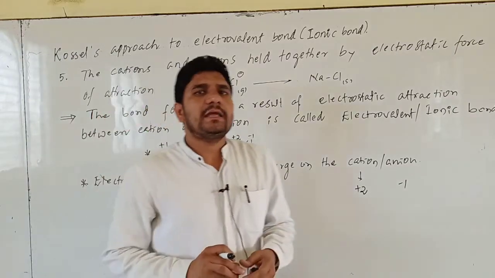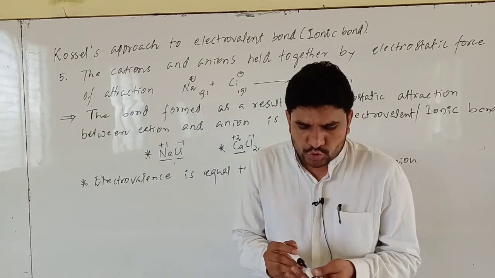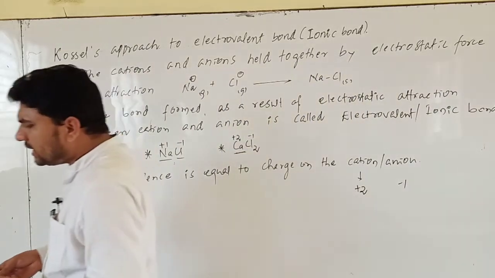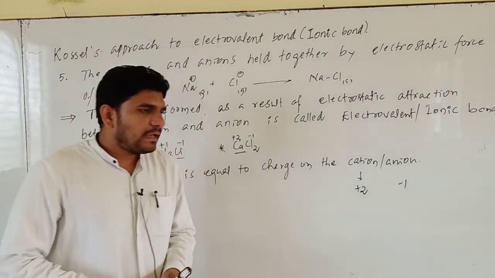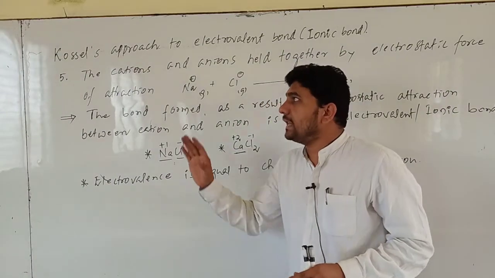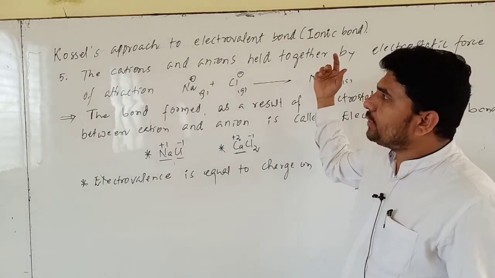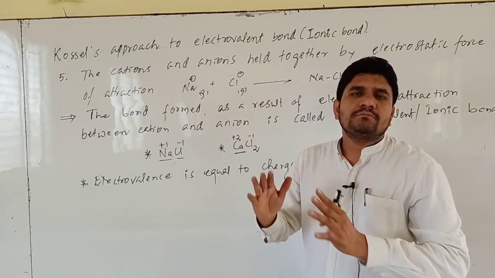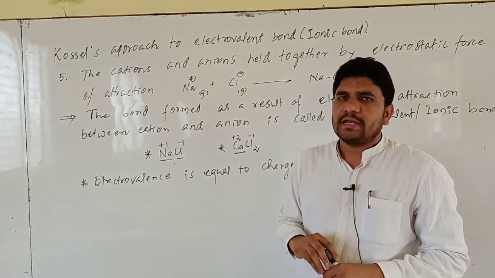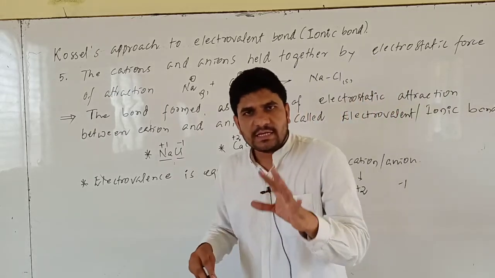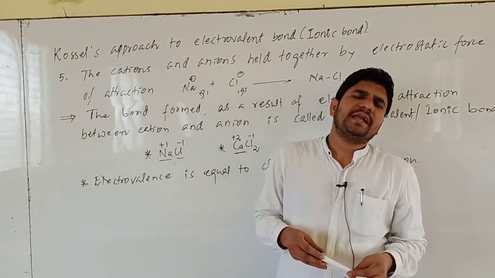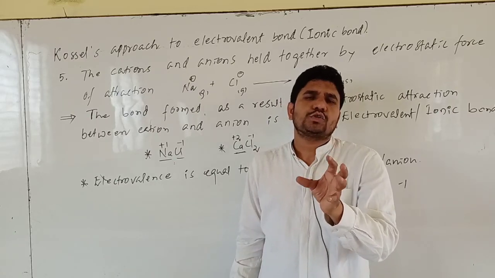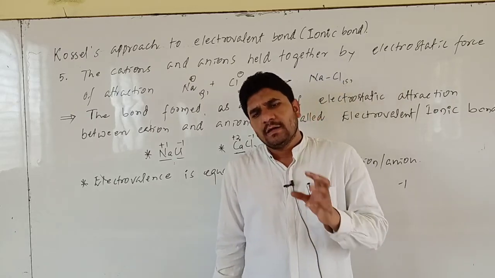This is regarding the Kossel-Lewis approach to ionic bonding. Once again, all of you listen carefully. Kossel's approach to the electrovalent bond: he studied the position of elements in the periodic table. From the study, he postulated that first, highly electropositive elements and highly electronegative elements are separated by noble gases.